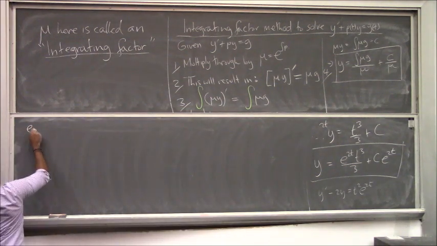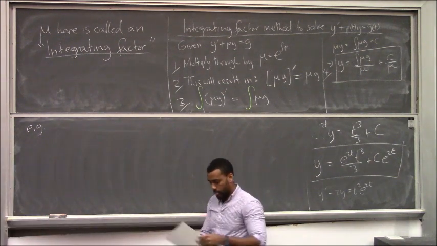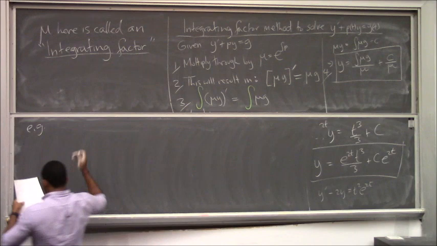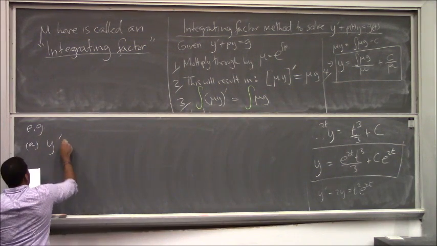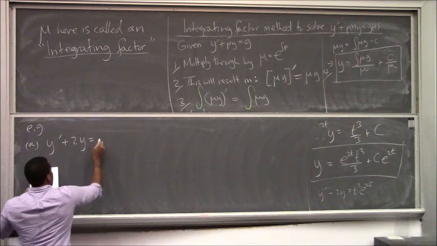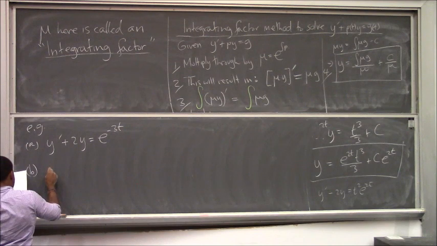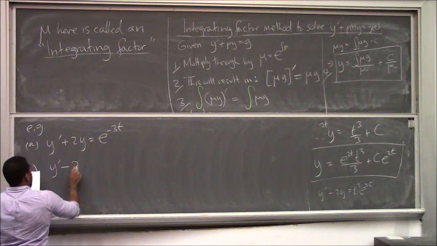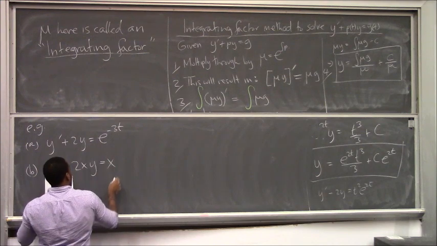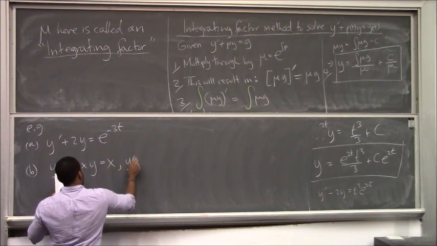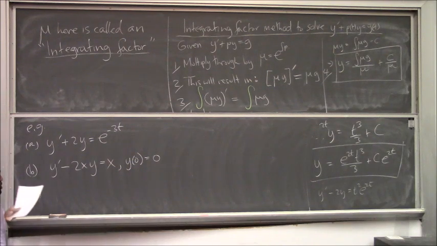Let's actually do some examples. First one, y prime plus 2 times y equals e to the minus 3t. Y prime minus 2xy equals x. Let's make this one an initial value problem. Make sure you know how to deal with those.